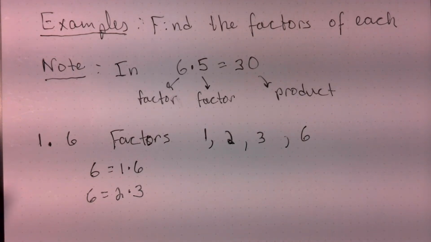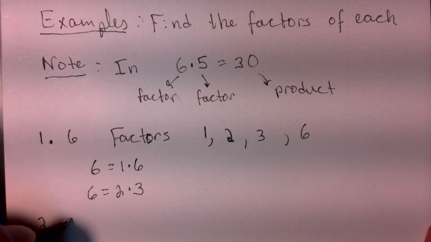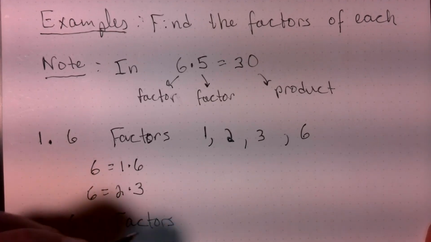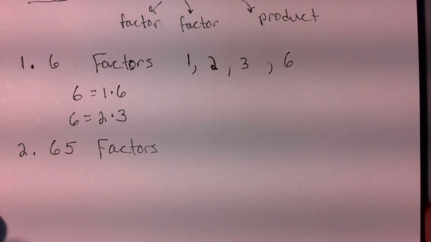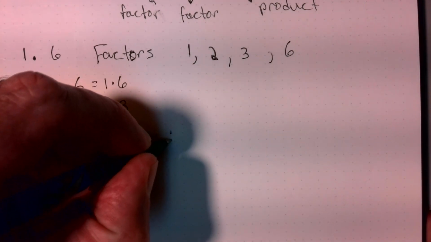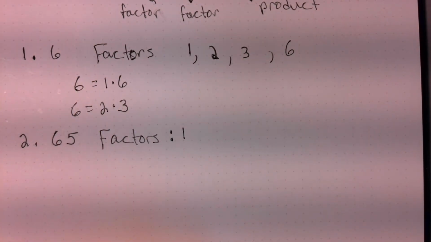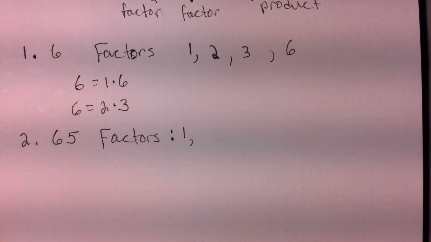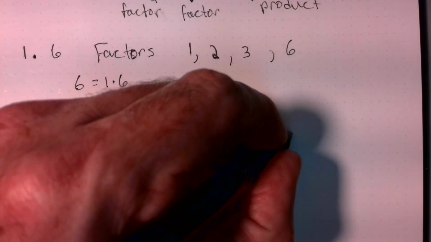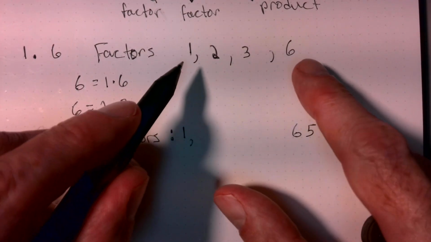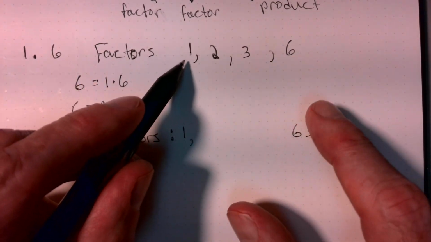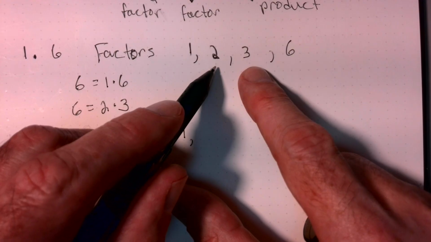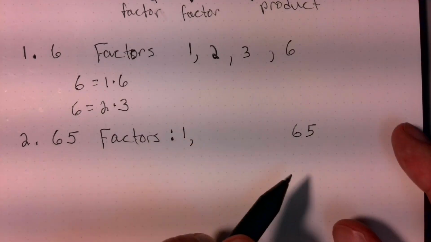Let's do a couple more examples. Do a slightly bigger number, 65. I'm going to list out the factors of 65 going from the smallest to the largest. Now we remember that 1 is a factor of everything. 1 divides everything, so your list should always start with 1. And it should always end with the number itself. Okay, notice I'm kind of building them 2 at a time. Right up here, I said 1 divides into 6, and then I wrote the 6 at the end. 2 divides into 6 evenly, along with its companion factor of 3. 1 and 65.